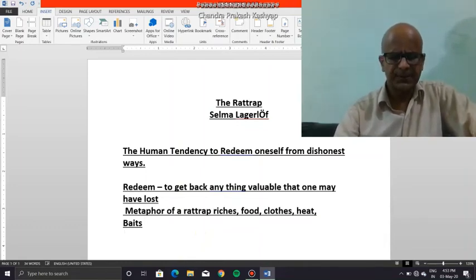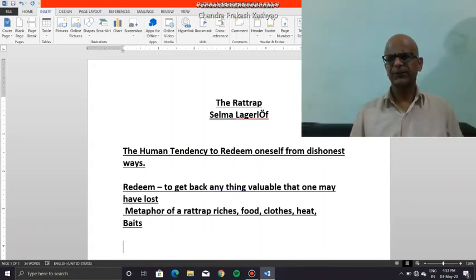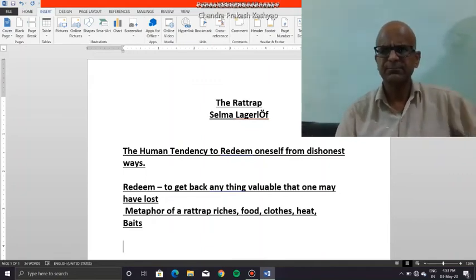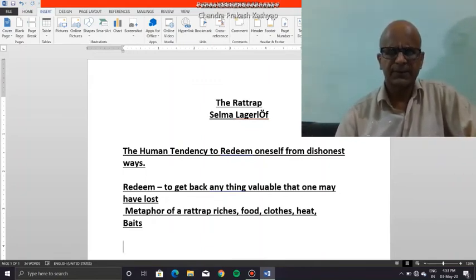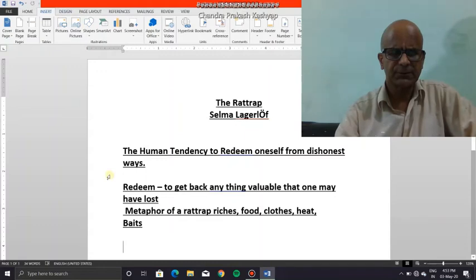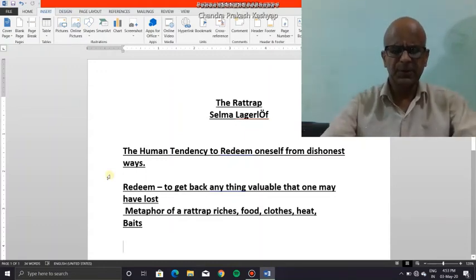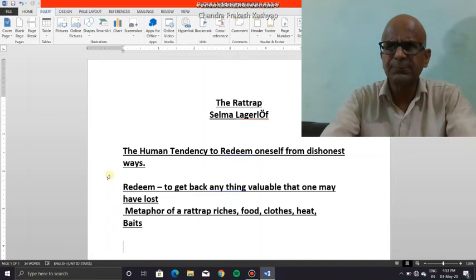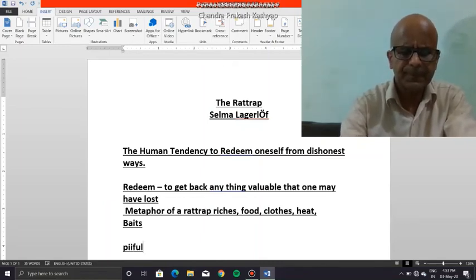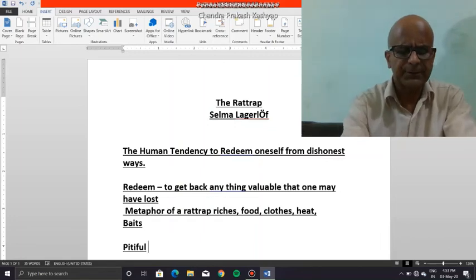So when the story begins in a fairy tale manner, as is perhaps a custom of Selma Lagerlöf, she talks of a miserable, pitiful rat trap peddler.